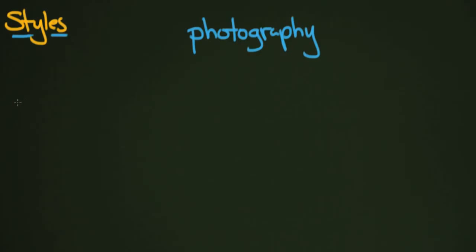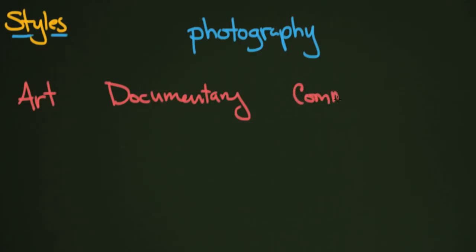So we're going to just start out by writing them all out. So we've got art photography, we've got documentary photography, and we have got over here commercial photography. And I'm actually going to put one more group over here, and we're going to call that the X group, because I'll talk about that in a minute.